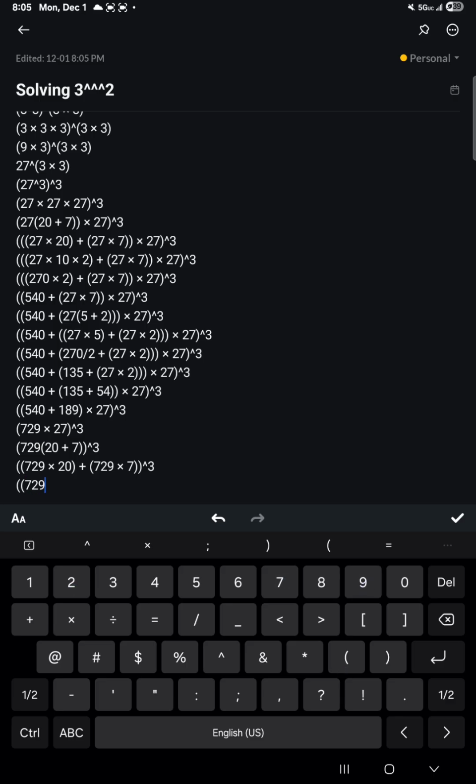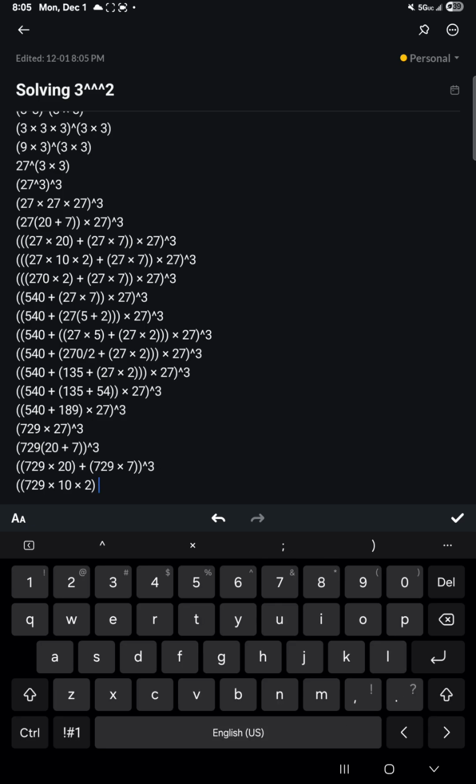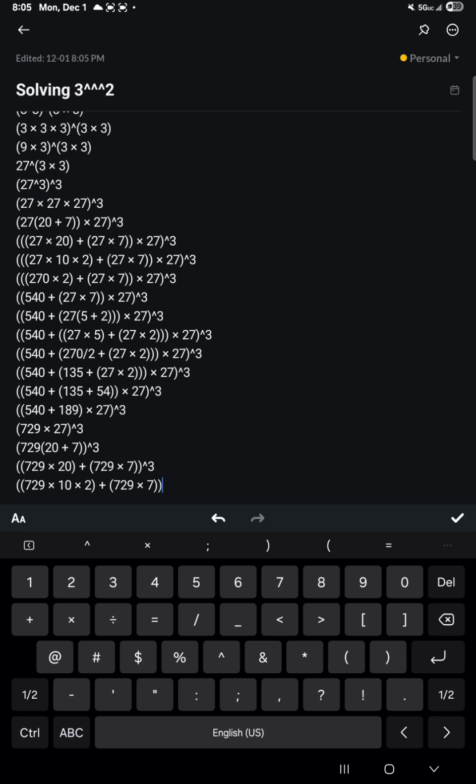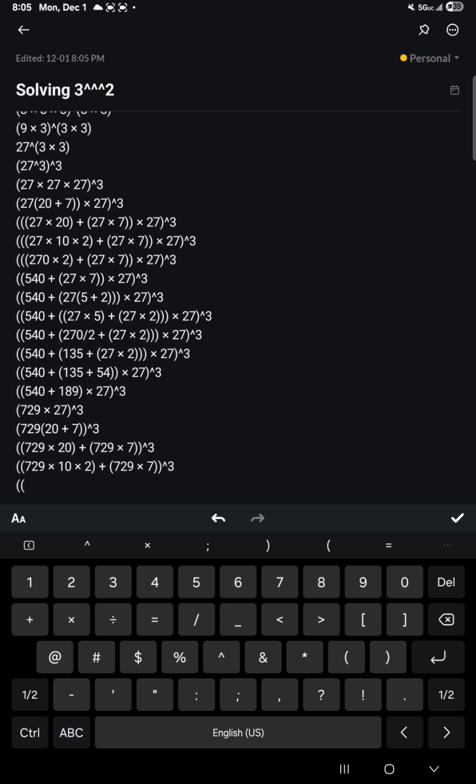Break down 20 again. As I mentioned earlier, 20 is just 10 times 2. As I mentioned earlier, to multiply by 10 with a whole number, just add the 0 at the end.